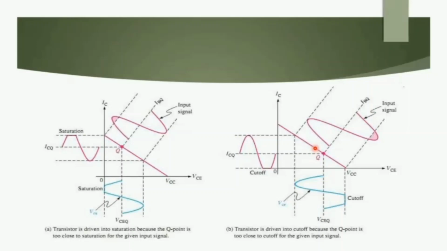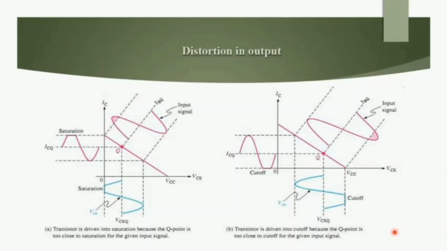If the Q point lies in the lower half of load line, as you can see here, then there is a possibility of negative cycle getting clipped. Likewise, if the Q point lies in upper half of the load line, there is a possibility of positive cycle getting clipped. This phenomenon is called distortion.